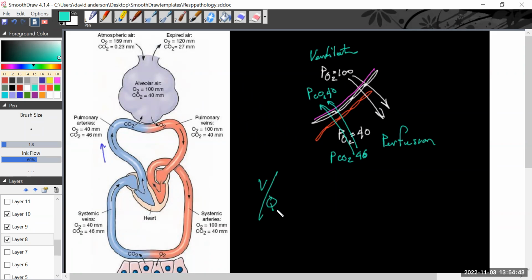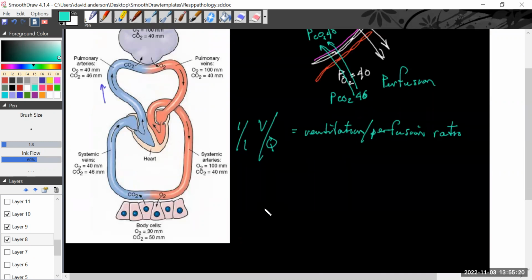The symbol that's used for blood flow is a capital Q. So this is a ventilation perfusion ratio, and ideally what we want is a 1-to-1 matchup. It's not going to be exactly 1-to-1, and it will vary a little bit by gravity and by the health of the respective tissues. But the goal is to try to match ventilation with perfusion.